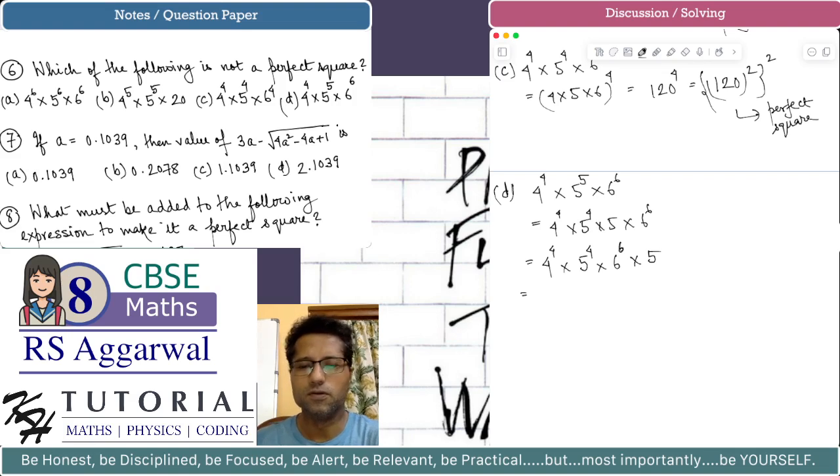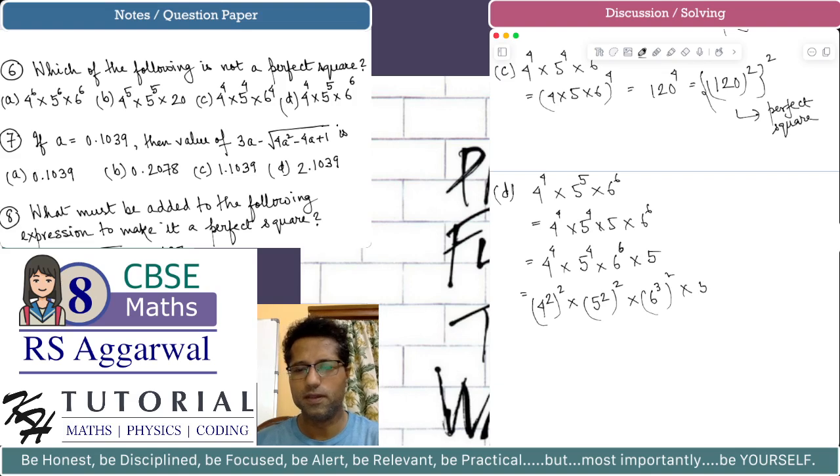So this is equal to, we can say, 4 square whole raised to the power 2, 5 square whole raised to the power 2, and this is 6 cube whole raised to the power 2.